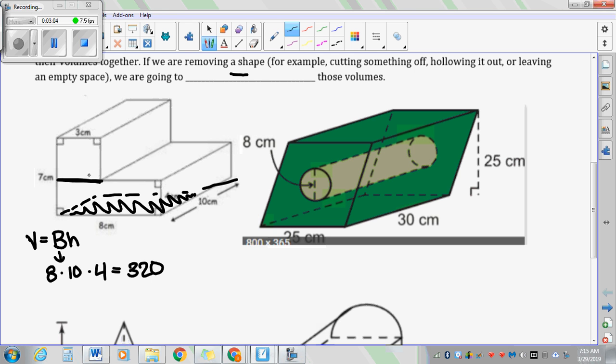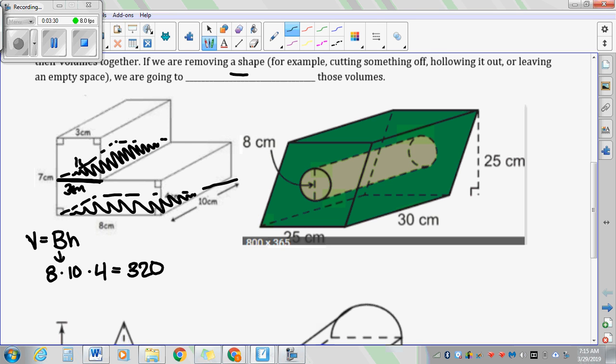Then I need to find the volume of this other piece. I'm going to try and find this part. First, I know that it's 3 centimeters from above here. I need the length of it, and notice that this length is the same as this length, which is the same as this length.